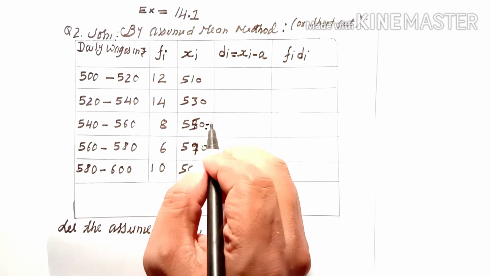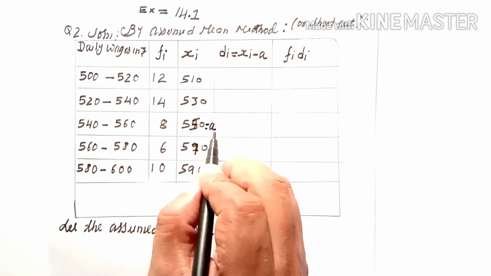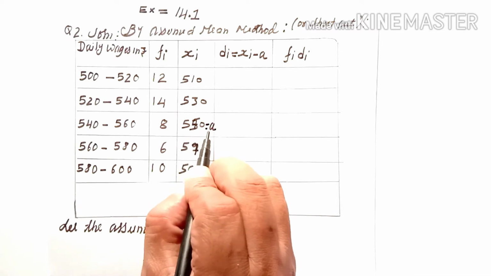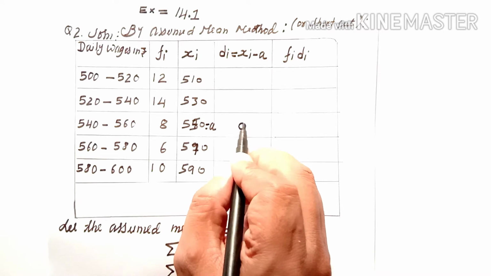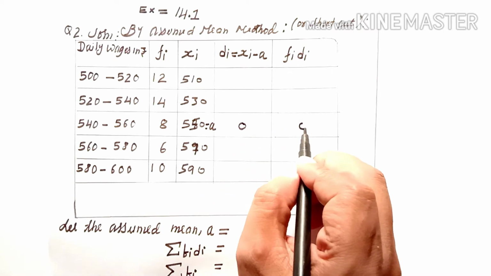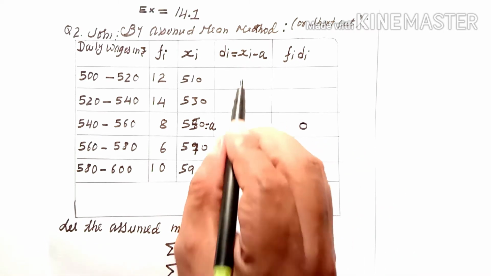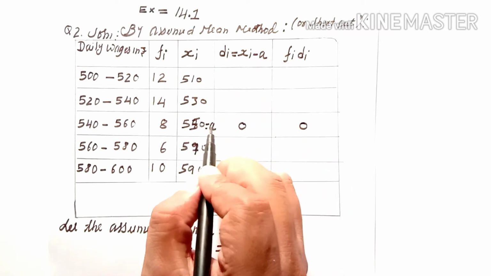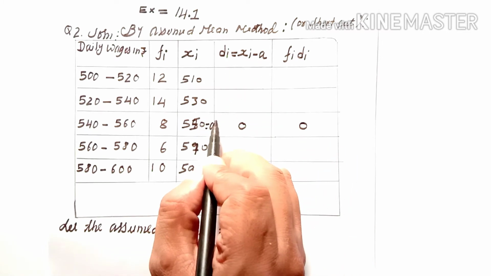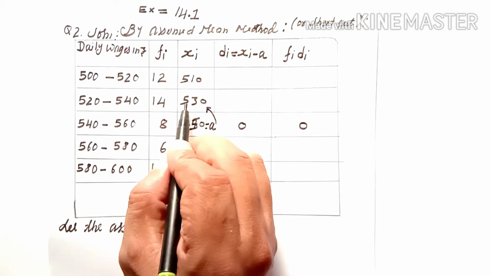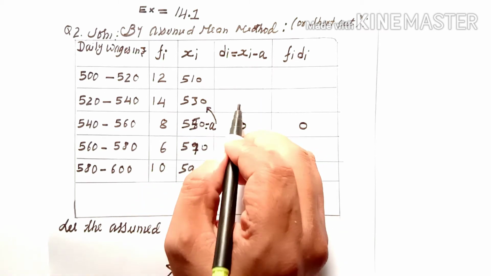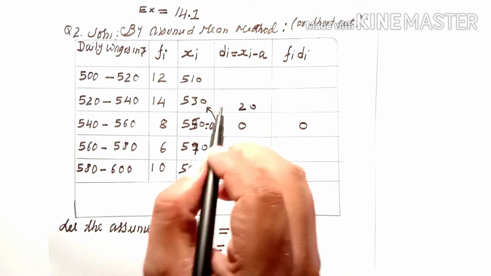So here you can take the symbol a, the assumed mean, equal to 550. Once you locate the value of a, the next 2 columns, the deviation column and the product column, get 0. After that, to get the value of deviation, subtract these 2 values: 530 minus 550, which equals minus 20.